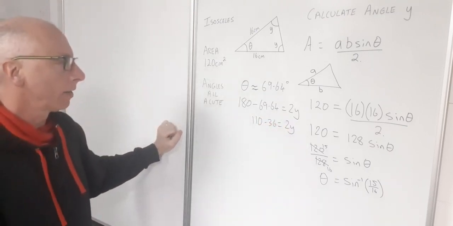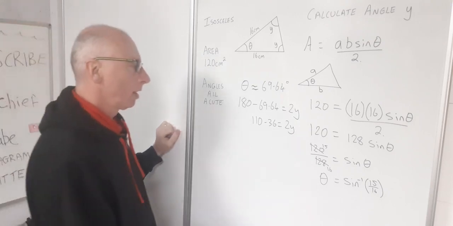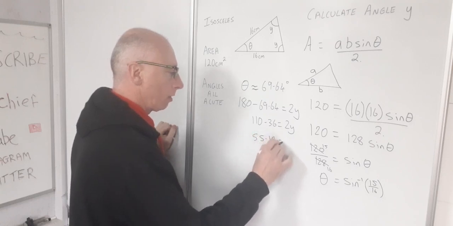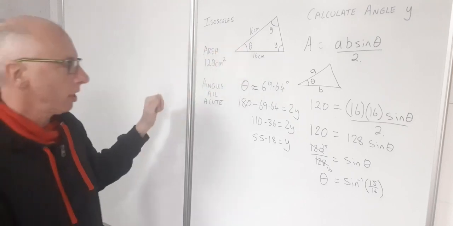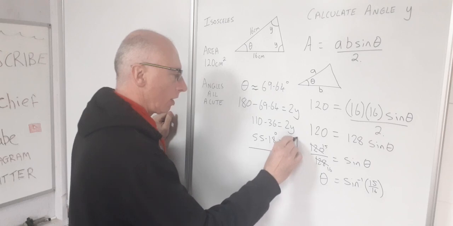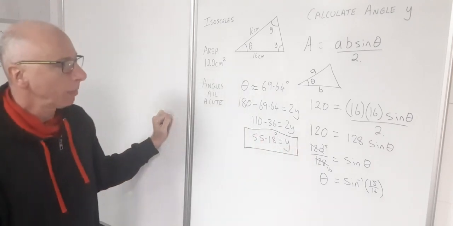Okay, now divide both sides by 2 and I've got my angle y. So then I've got 55.18 equals y. So as y is in degrees, I've got 55.18 degrees gives me my y angle. And that'd be a good place to stop.